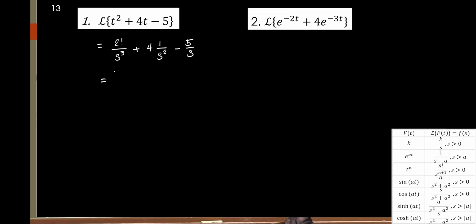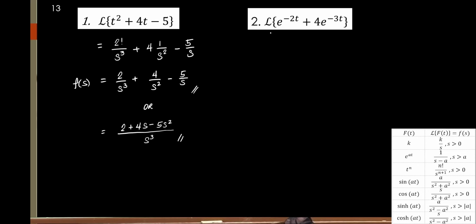Very good. So this one is basically 2 over s cubed plus 4 over s squared minus 5 over s. So that's correct. This is your Laplace. Or sometimes, if you want to combine them, you can say over s cubed, that becomes 2 plus 4s minus 5s squared, if you want to combine them.